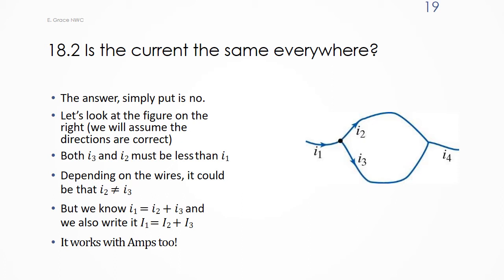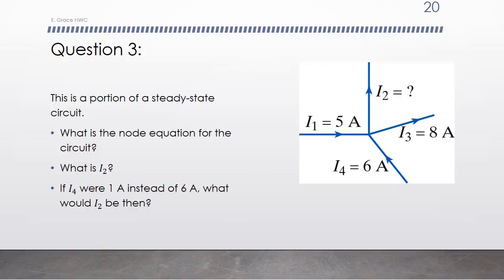And by the way, this works for conventional current as well. So we know that there's a steady state, but it does not mean that the current is exactly the same everywhere within your circuit. So this question, the answer will also be online, but this is a portion of a steady state current or circuit.